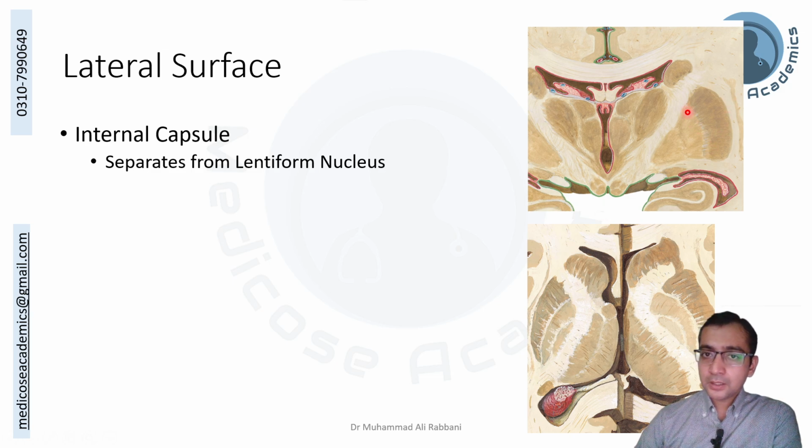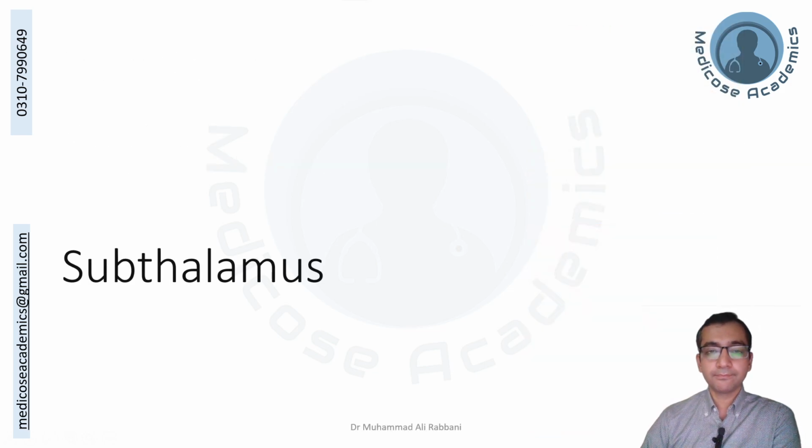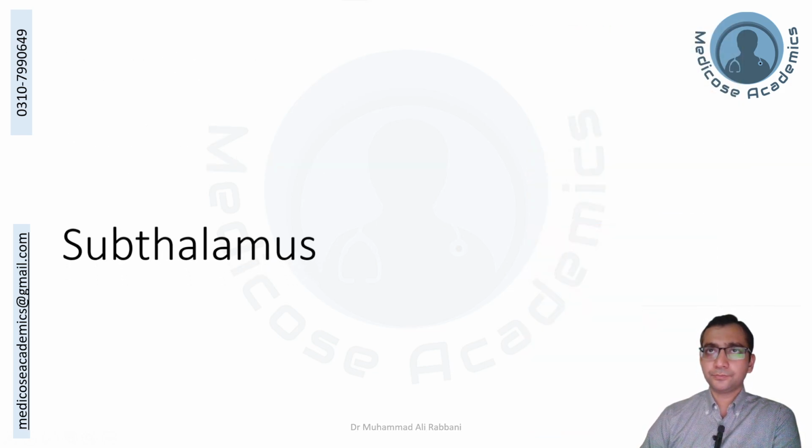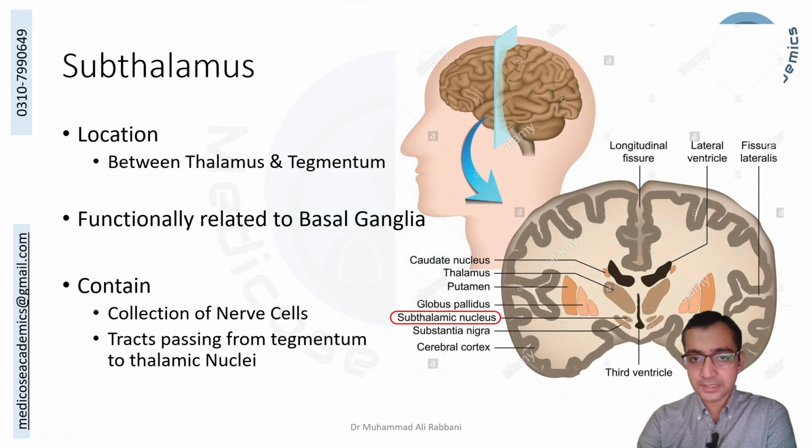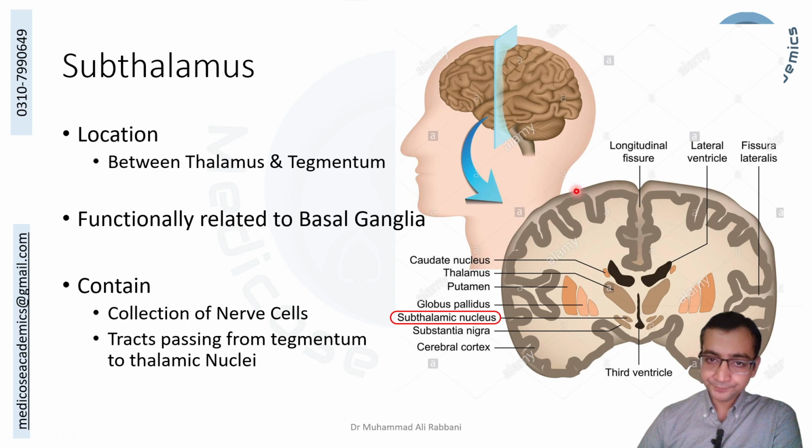Lateral surface, lateral wall of the thalamus, lateral relation of the thalamus is with the internal capsule that is present on either side. You can see it in the coronal section and the horizontal sections. Subthalamus, here I am just discussing the location of the subthalamus. It is present beneath the thalamus but above the tegmentum of midbrain.